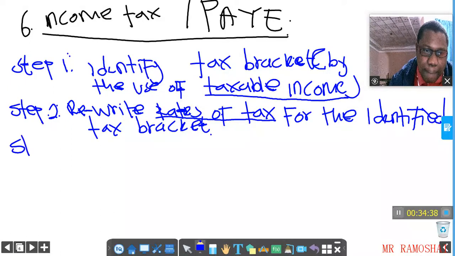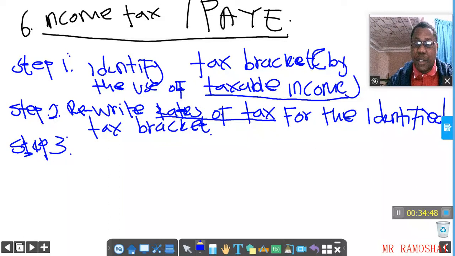Then step number 3. Here I've got a lot of information. It's a very important step. I'm not saying the other steps are not important, but this one is more important.